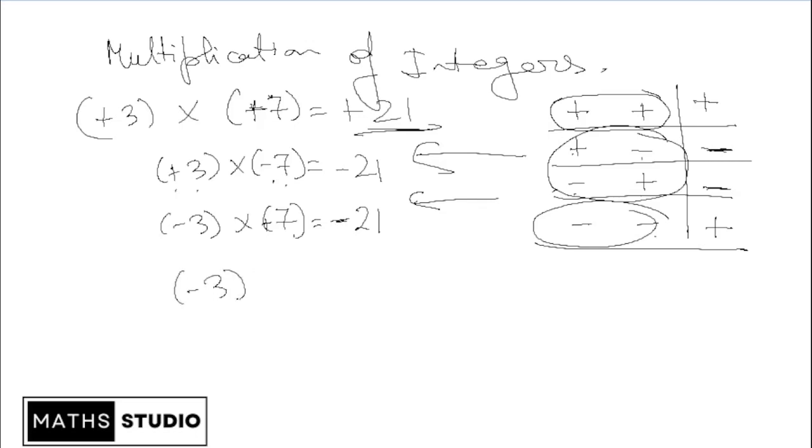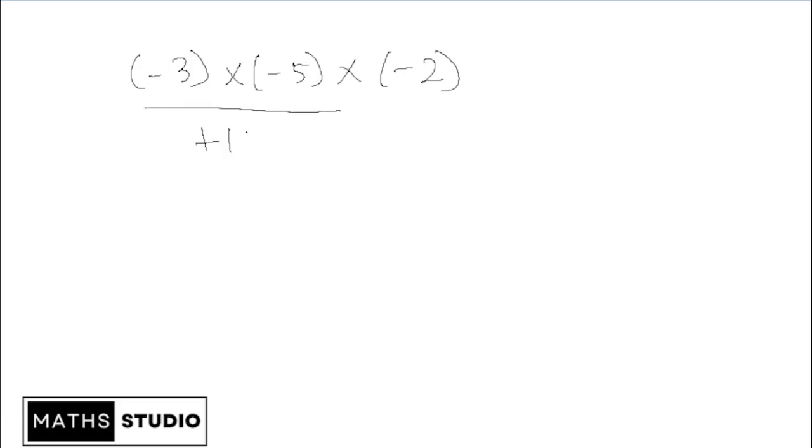And if we have minus 3 into minus 7, that will give me again the magnitude will be 21, and minus into minus will give me plus 21. Okay. Now if we are going to multiply three numbers, say minus 3 into minus 5 into minus 2, minus 3 into minus 5 would give me plus 15 into minus 2.